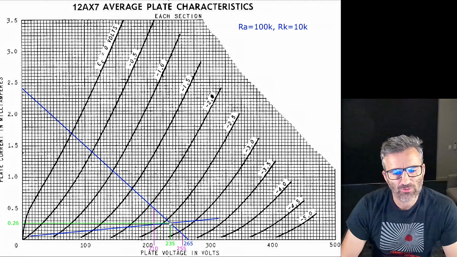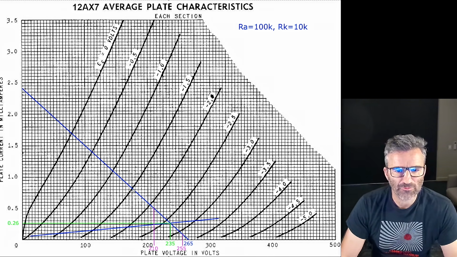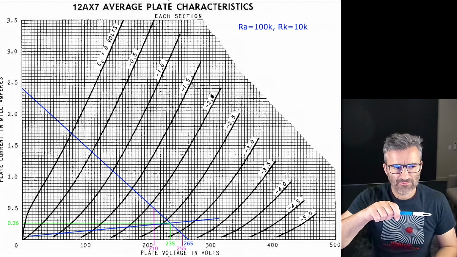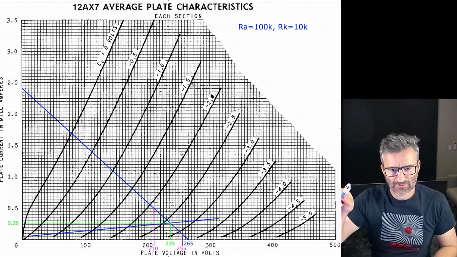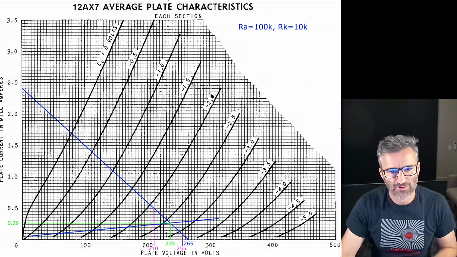So the operating range for this triode stage doesn't have a lot of bandwidth here, right? If it's over here in the middle, it can swing back and forward. So what actually happens? When you apply your guitar signal to the grid of the gain stage, the grid being the input, you're oscillating that grid voltage.